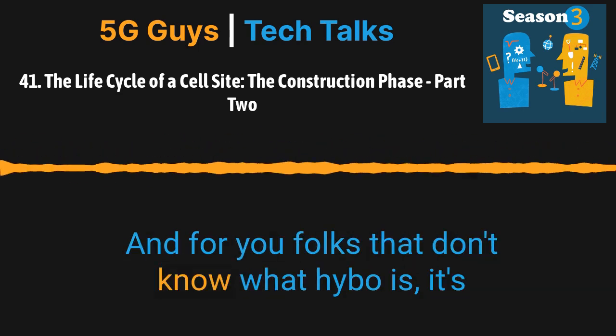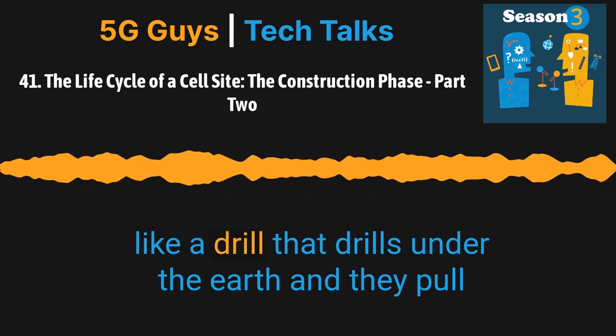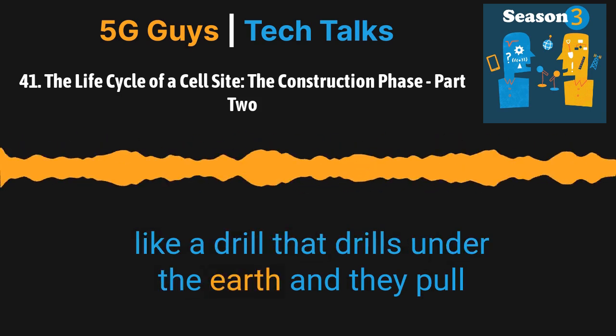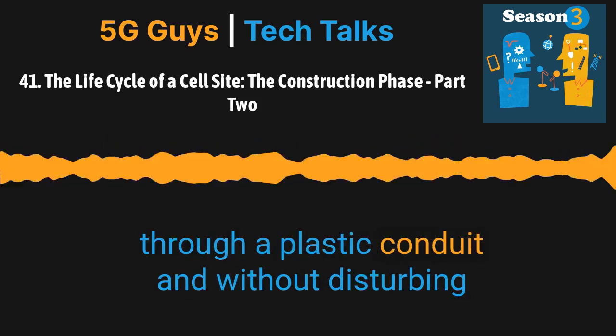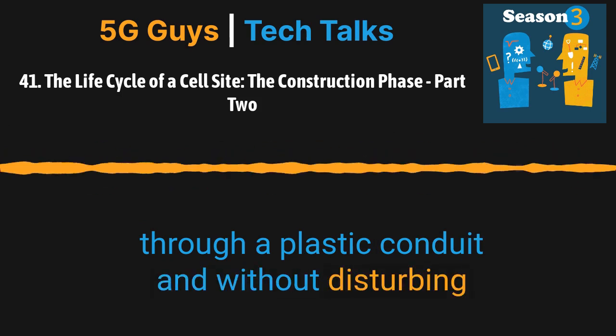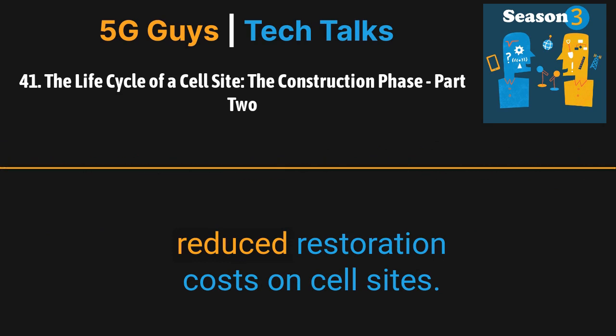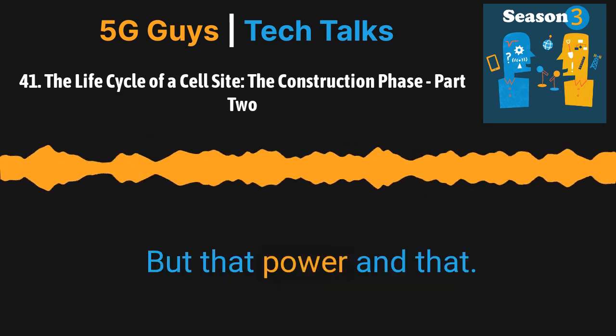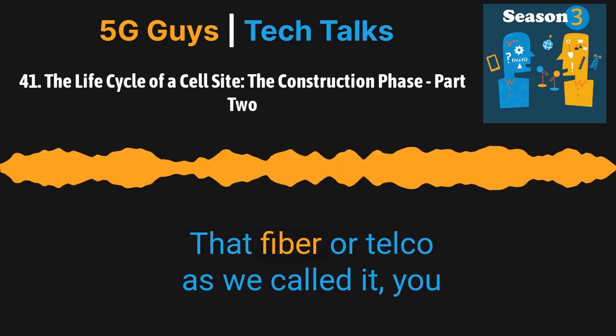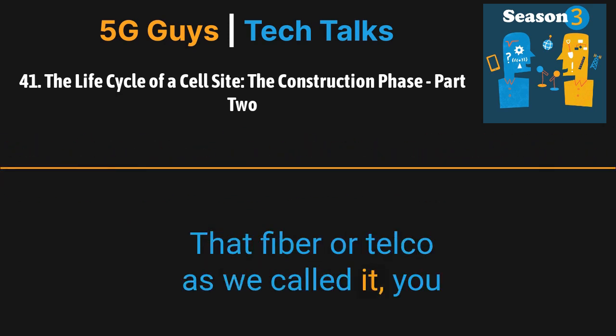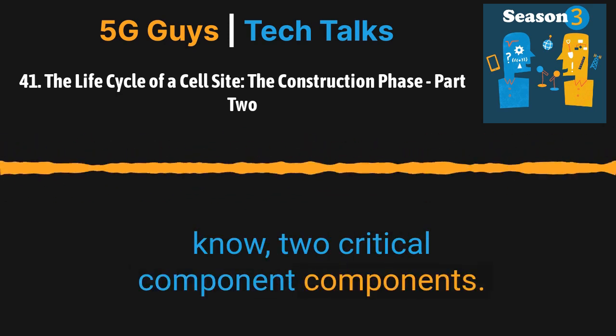And for you folks that don't know what hydro boring is, it's like a drill that drills under the earth and they pull through a plastic conduit without disturbing the surface of the earth. It's pretty popular in a lot of areas because it reduces restoration costs on cell sites. But that power and that fiber, or telco as we called it, are two critical components.